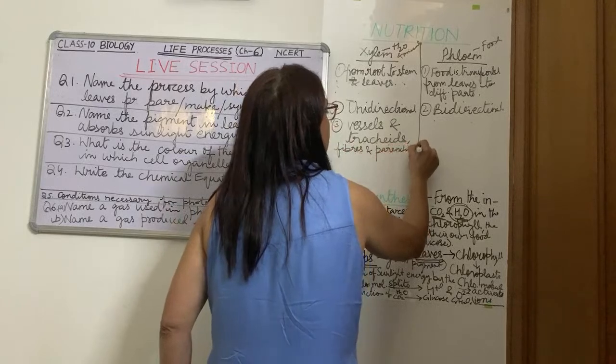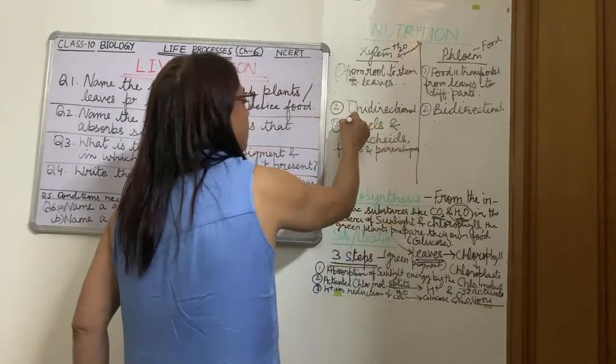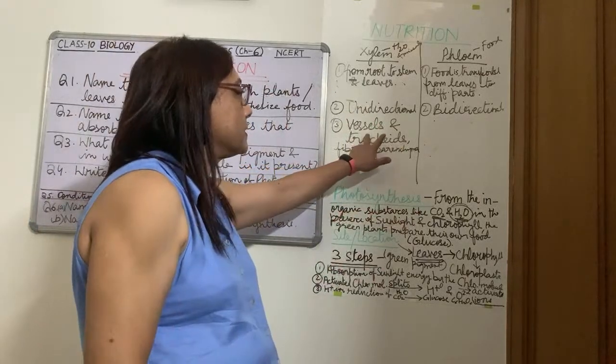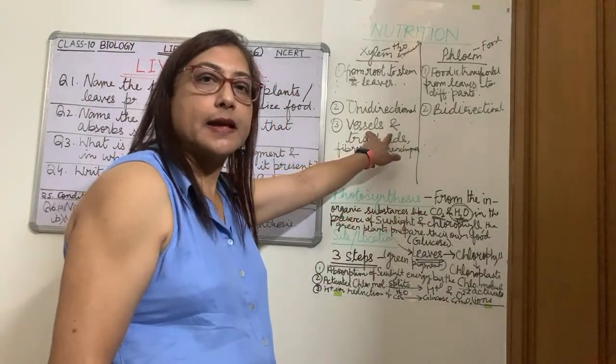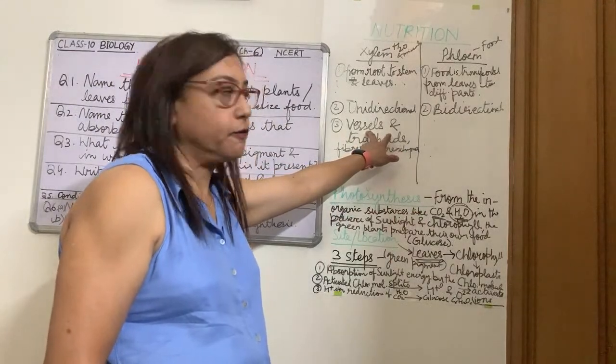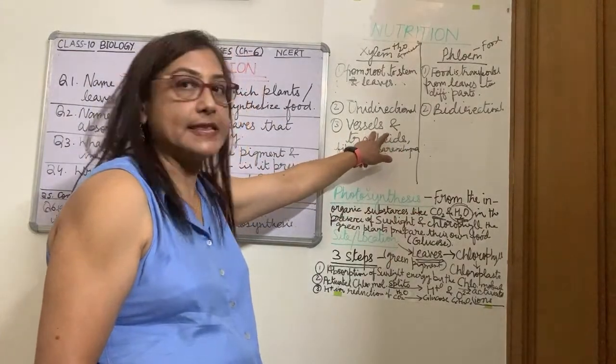These help in the transport. Xylem is supposed to be a dead tissue because these vessel elements are dead in nature, composed of dead cells.